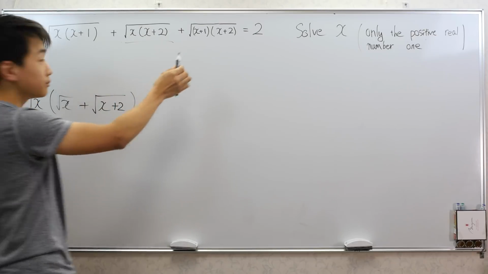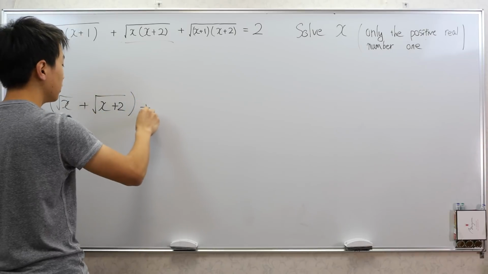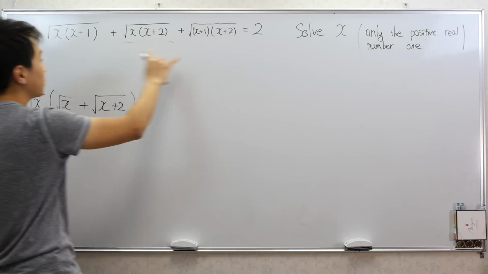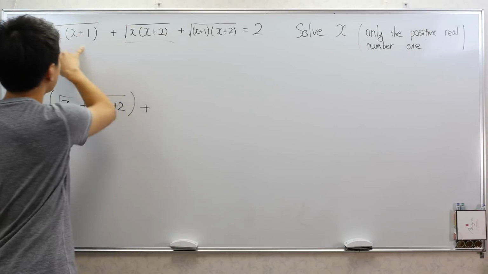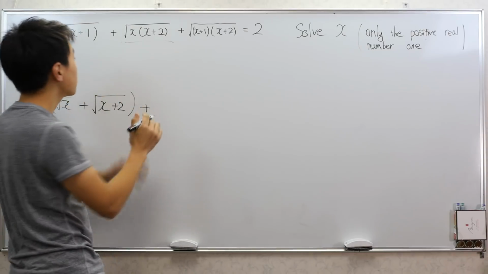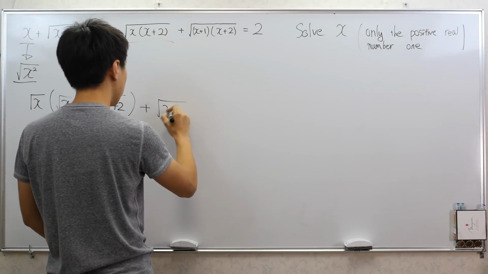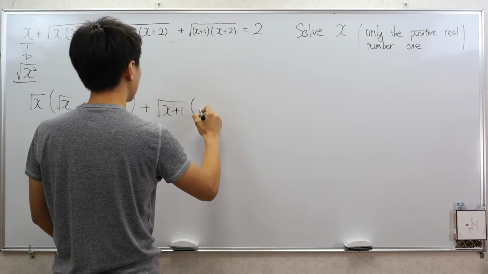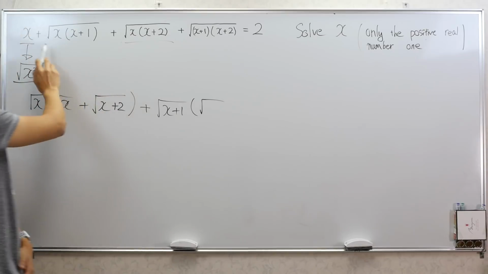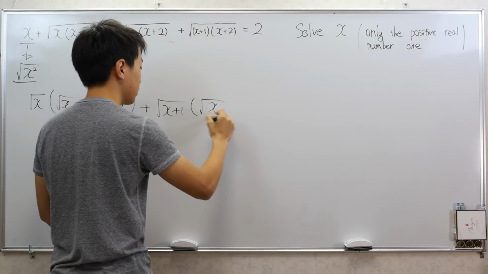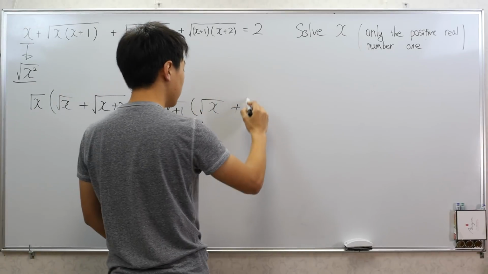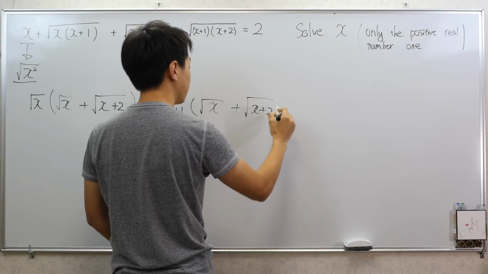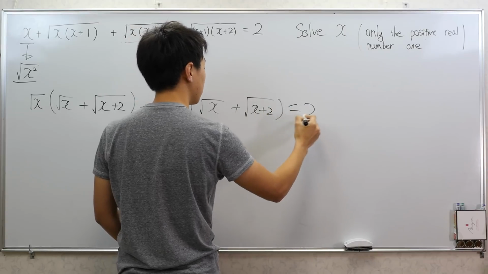And then you can factor, not divide, and bind them together in this way, right? So you're left with 1 square root of x, and here square root of x plus 2, equals 2.